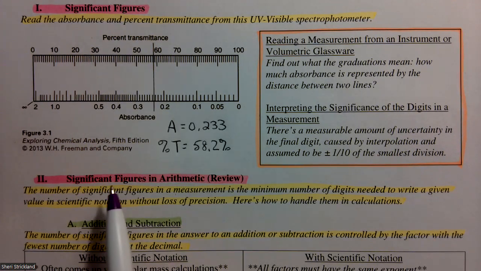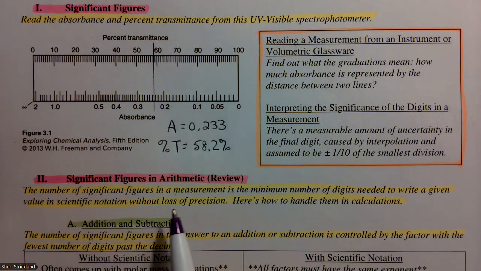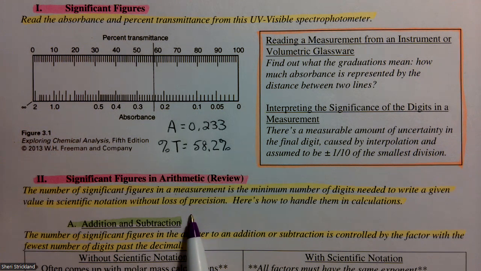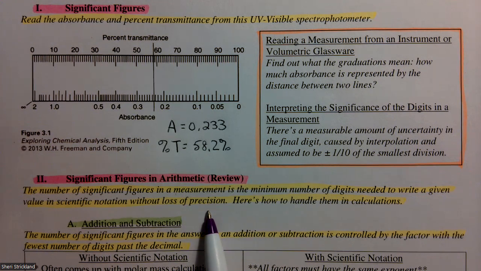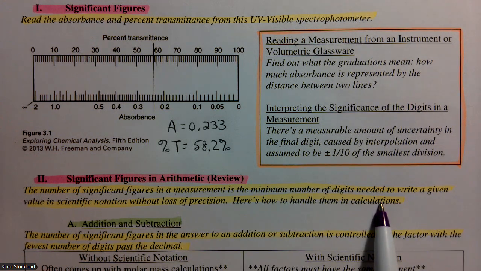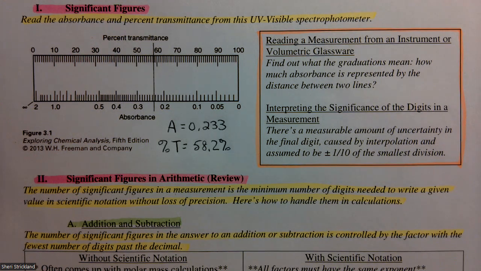So it's everything that we were just talking about. And you know the rules for determining significant figures and whether zeros are significant or not. If you don't remember those well, it would be a good idea to go back into Chapter 3 and just go through that. But what I want us to focus on now is handling them in calculations.